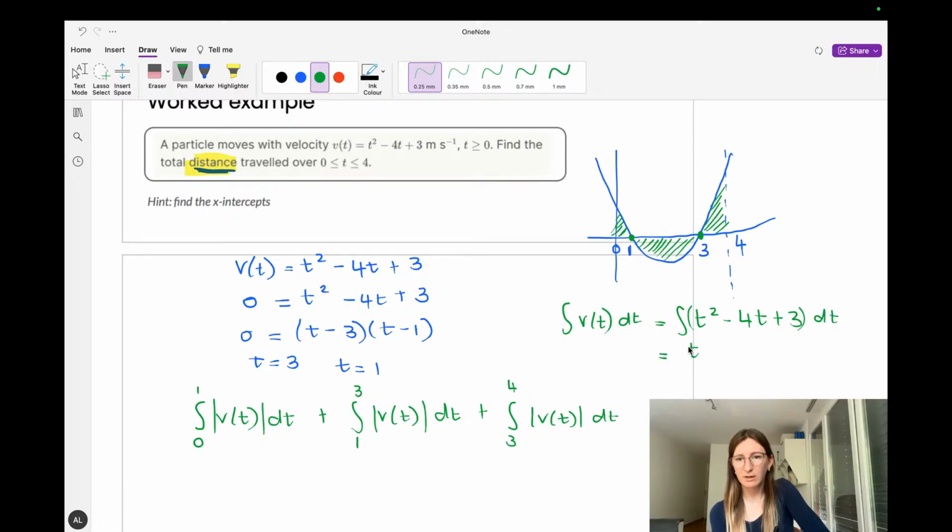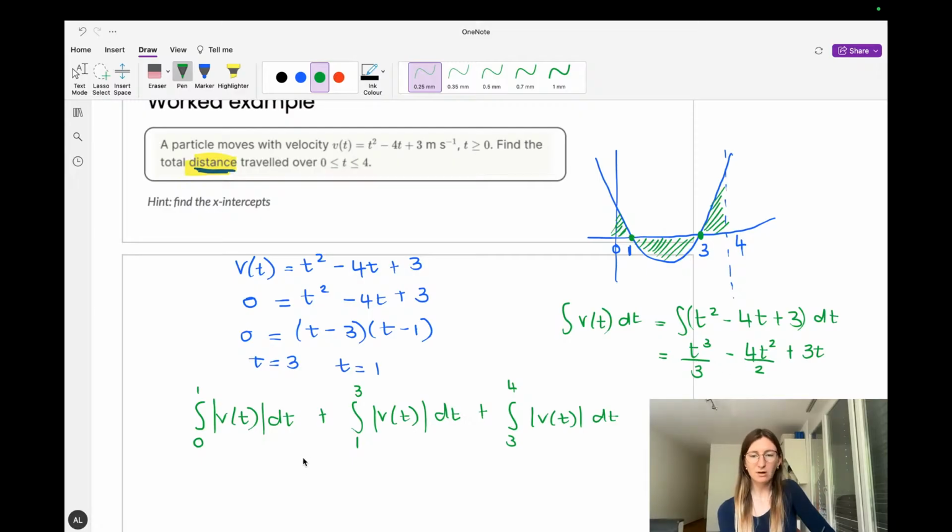So that will give me t cubed over 3, add 1 to the power, divide by that new power, minus 4t squared over new power 2 plus 3t, just tack on an extra t. I would need to add plus c usually, but because these are definite integrals, it's going to take care of that later. So I'm just going to leave that.